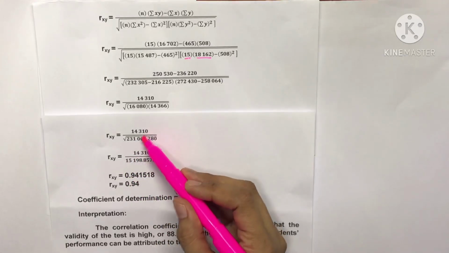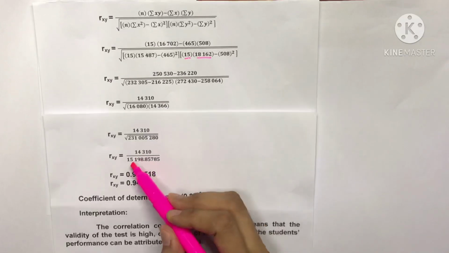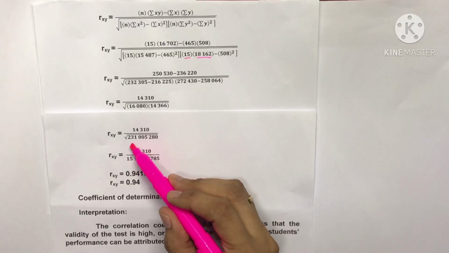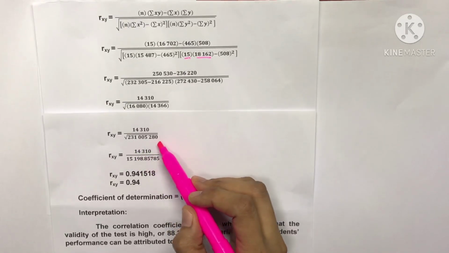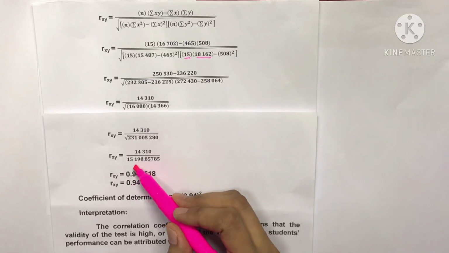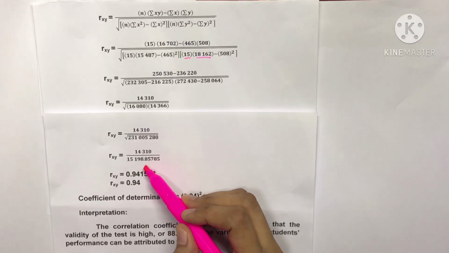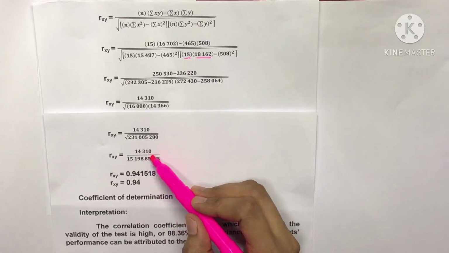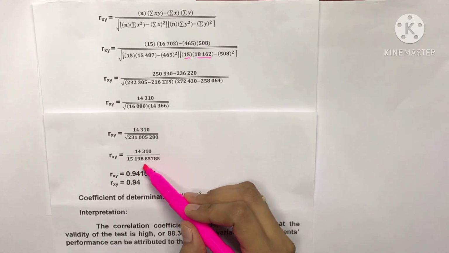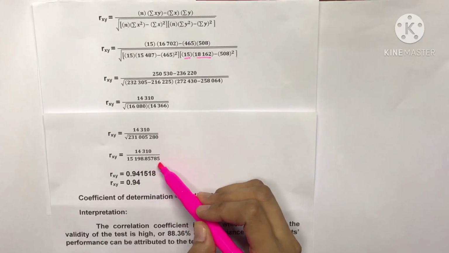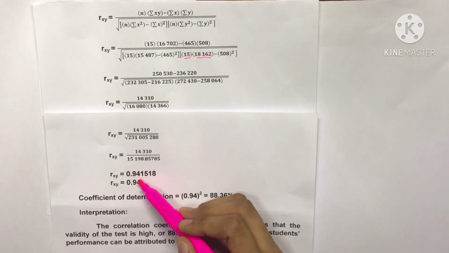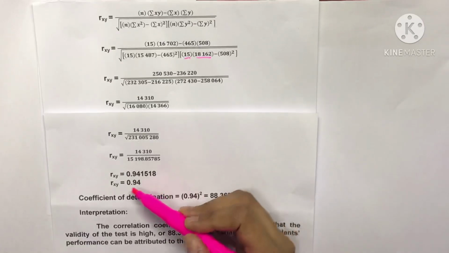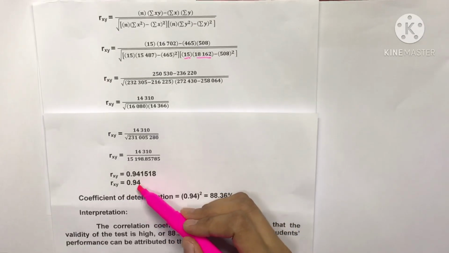So we will copy 14,310 divided by the square root of 231,005,280, which is equal to 15,198.85785. So 14,310 divided by 15,198.85785 is equal to 0.941518 or 0.94. So therefore, our correlation coefficient is 0.94.